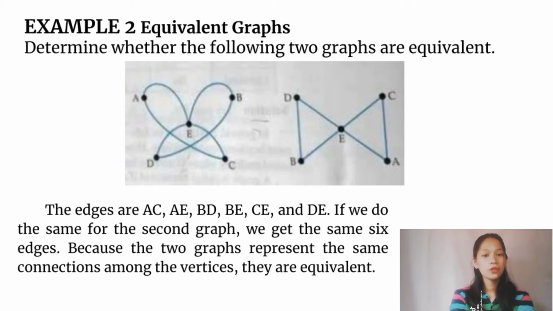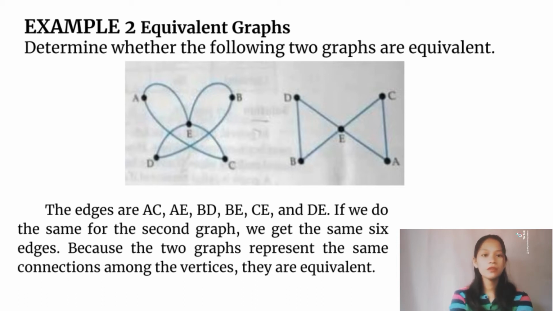Example number 2. Equivalent graphs. Determine whether the following 2 graphs are equivalent. Solution. Despite the fact that the 2 graphs have different arrangements of vertices and edges, they are equivalent. To illustrate, we examine the edges of each graph. The first graph contains 6 edges.